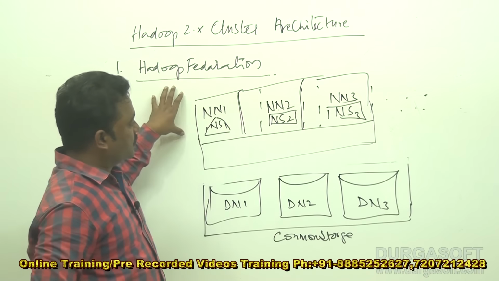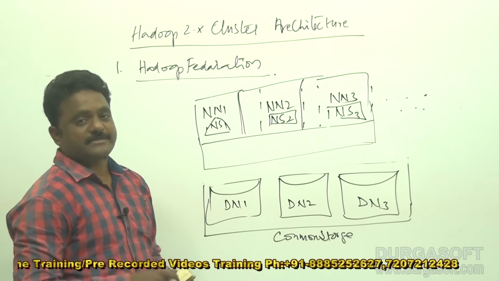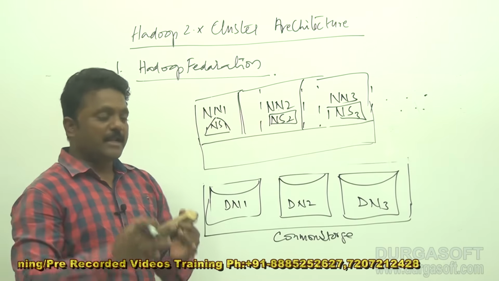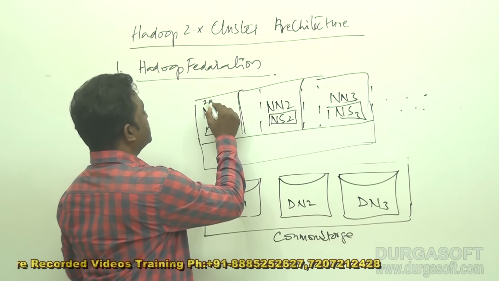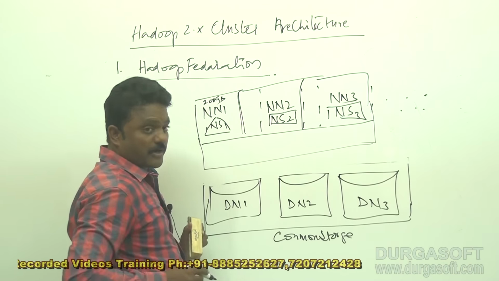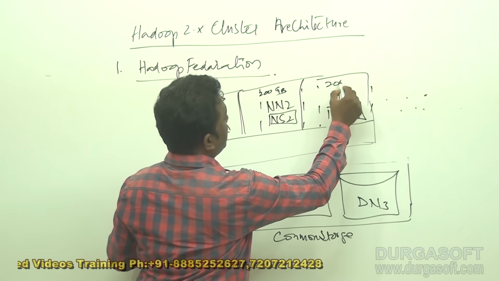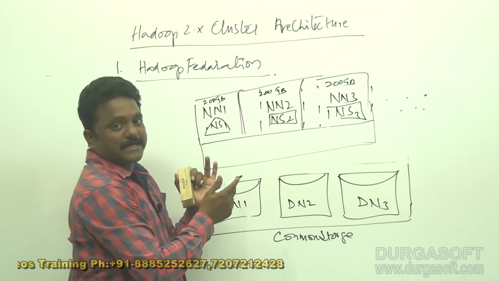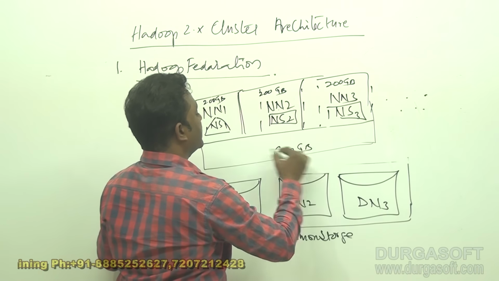This also has its own RAM, and name node 3, another machine, also has its own RAM. Now each name node's RAM would be pulled and put on a common pool. Let us say this name node has 200 GB of RAM, this name node has 200 GB of RAM, and this name node has 200 GB of RAM.